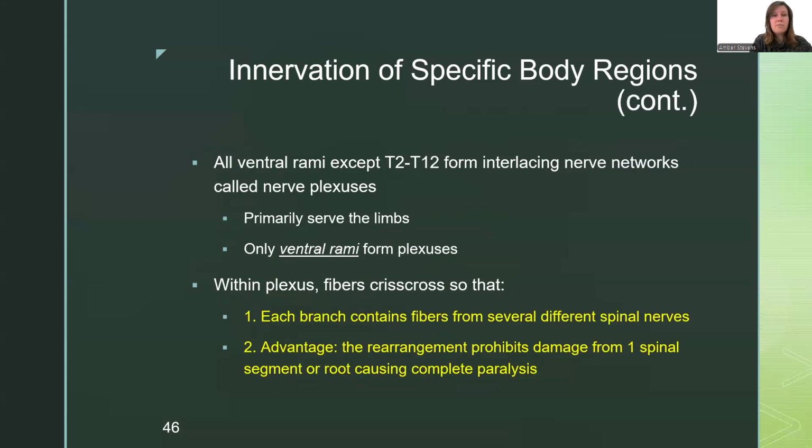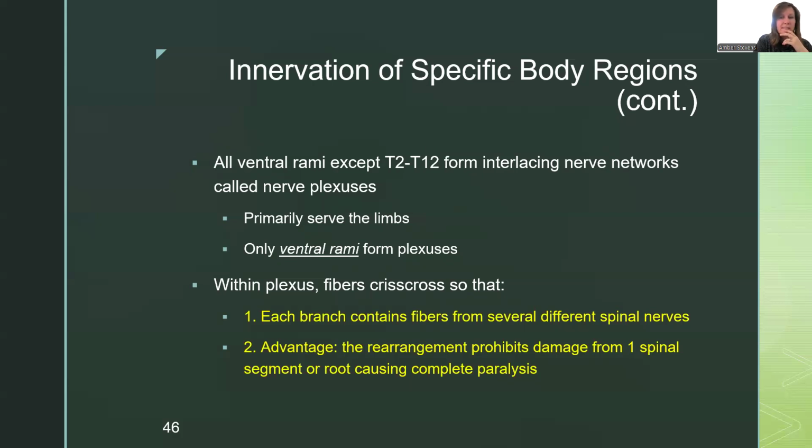Okay, so most ventral rami form nerve plexuses, which are those interlacing networks of nerves. These plexuses are critical because they contain fibers from multiple spinal nerves. They provide redundancy, ensuring that damage to one spinal nerve doesn't completely paralyze that region.